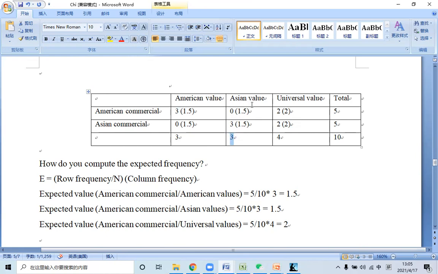You divide it according to the proportion of Asian commercials and American commercials. In this case, they have the same proportion, so they should get the same allocation. Each of them will get 1.5.